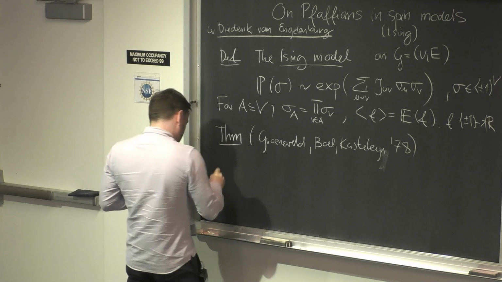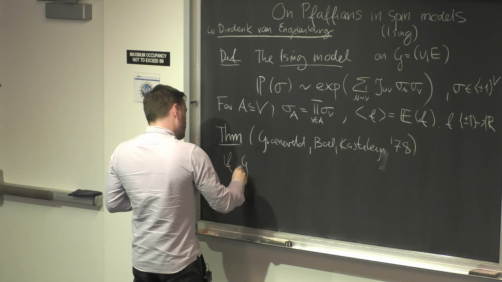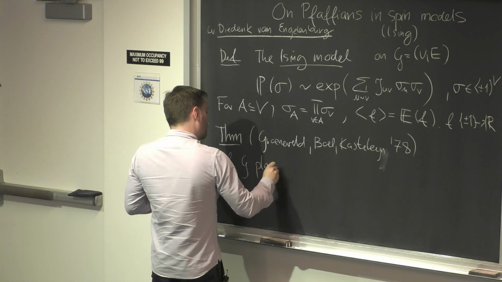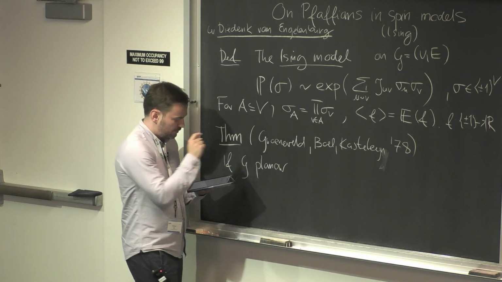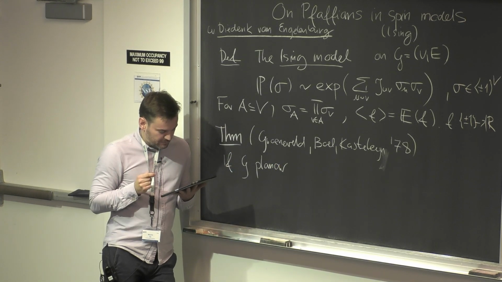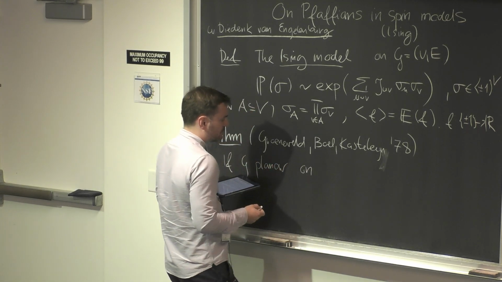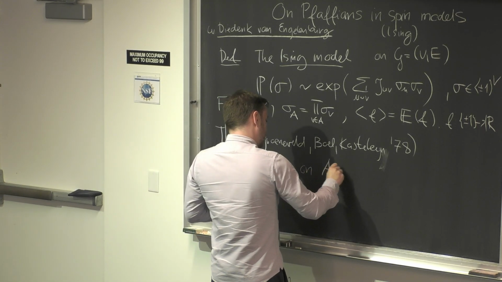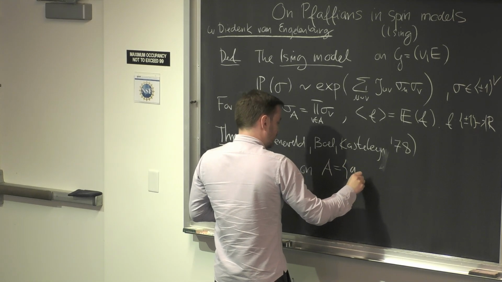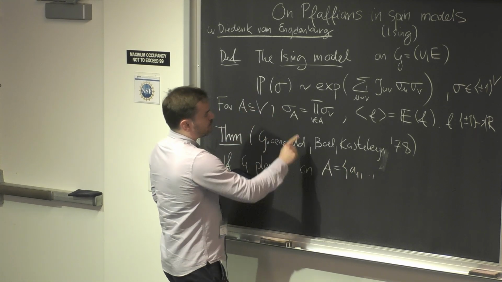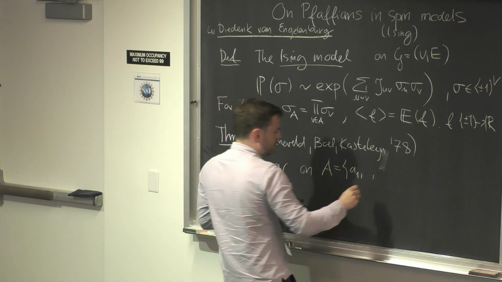OK, so what does it say? If G is planar, and my vertices lie on a single face of the graph, say, I will always assume the external face. So A is a set of even cardinality, because otherwise the correlations vanish by spin symmetry.